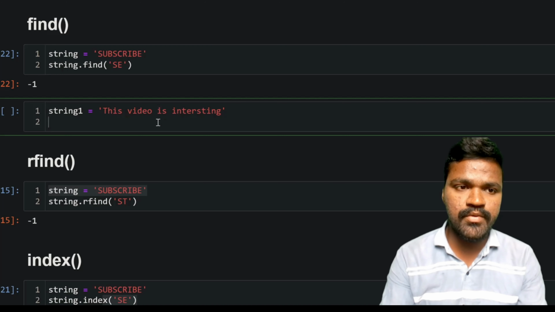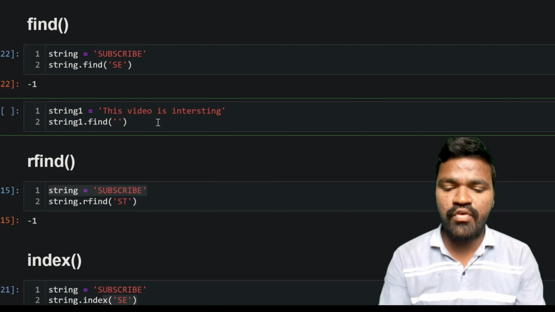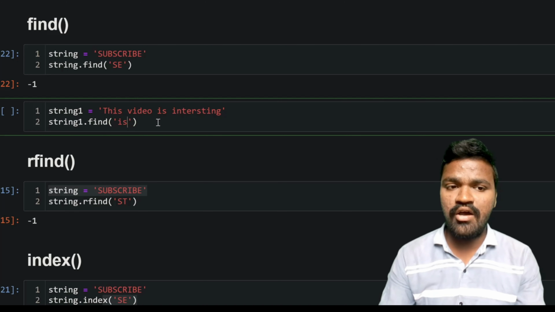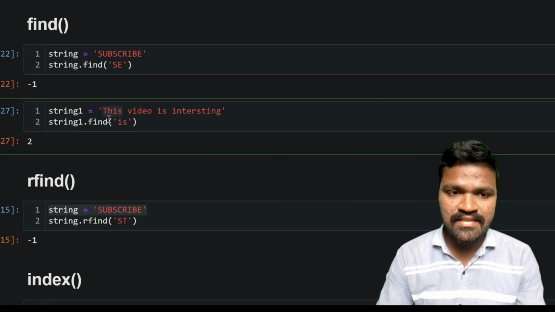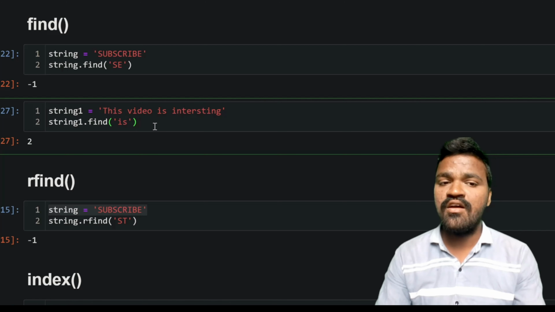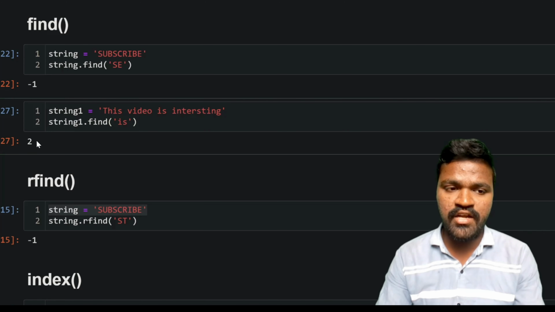Now I will pass string1.find, and inside of this I want to find this particular "is". If I execute this, we are getting 2, because it is found here in "this". Because of that, the first occurrence is here, so we are getting 2.